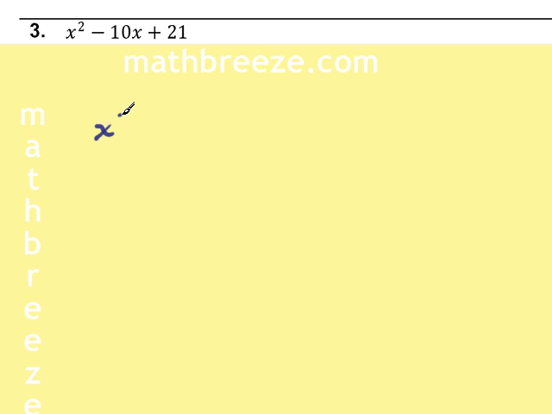Okay, here we have x squared minus 10x plus 21. Notice the middle coefficient is negative. Again, I'll start by filling in with x times x. And now 21 could be 7 times 3, or maybe 21 times 1.